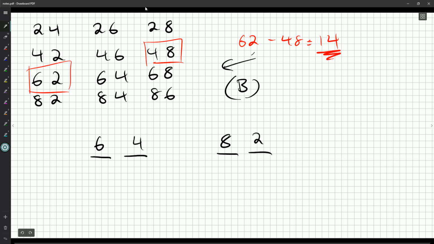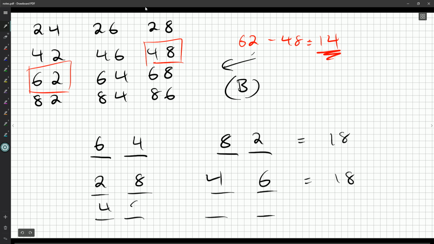And you can say, all right, well, then what's that difference? And you work it out. And you'll see it's a difference of 18. Okay? Or you could have the 2 and the 4. And then you'd put the 8 here and the 6 here, because that would get them as close as possible. Also has a difference of 18. Okay? But we've narrowed it down to only 3 things we have to guess and check.